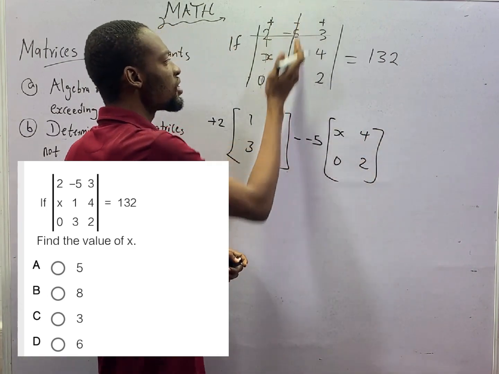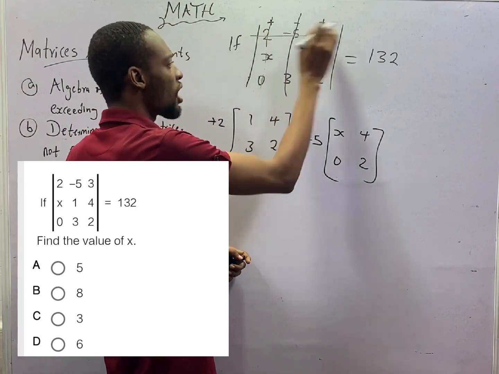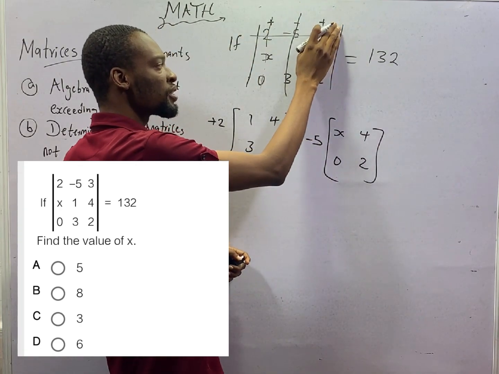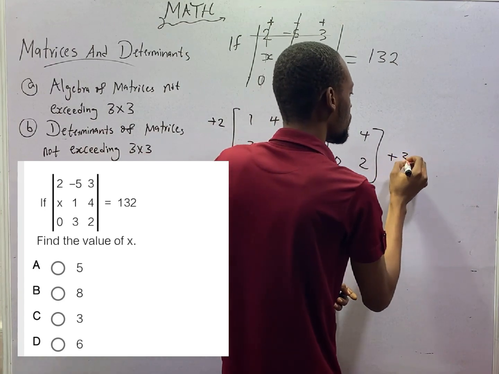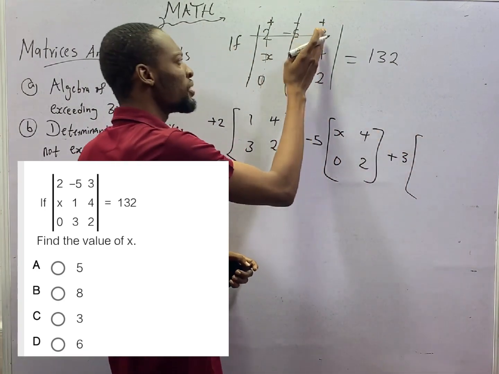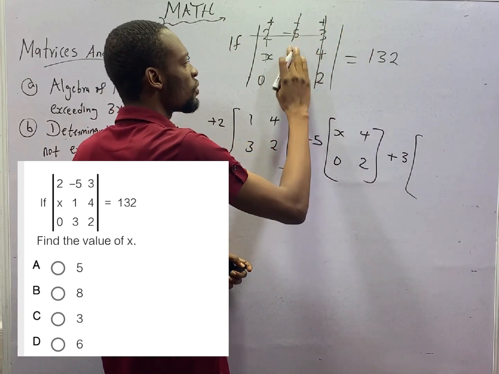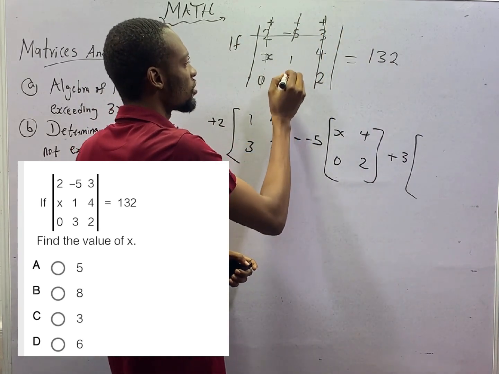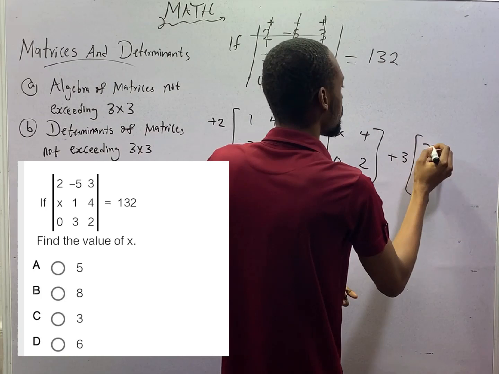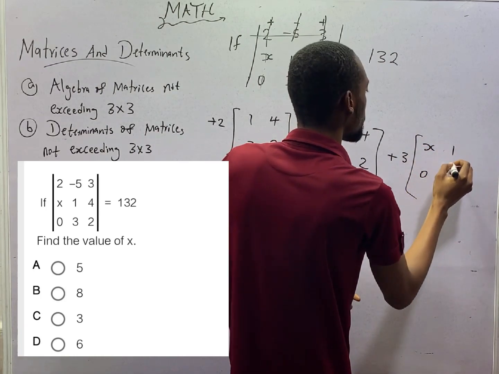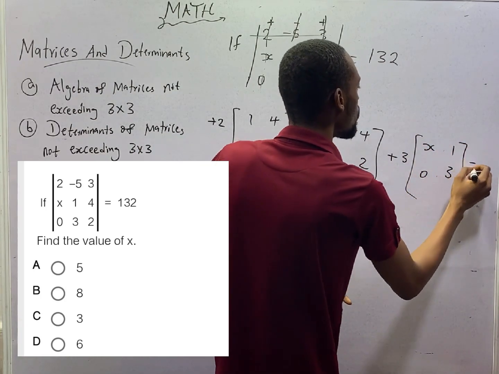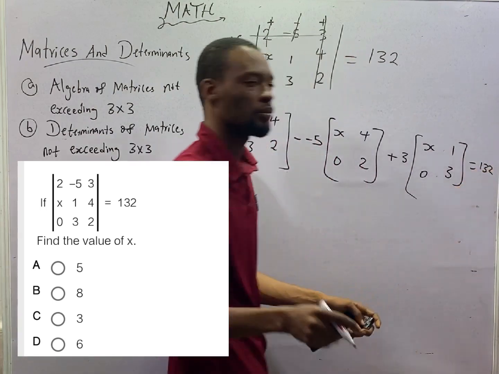Since we ignore the column and the row, then we are in plus 3. Under this plus 3, we ignore this column, ignore the row that it is in. We are left with S, 0, 1, 3. This is equal to 132.